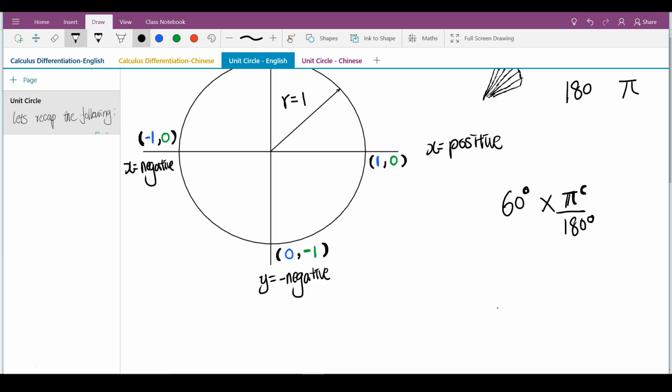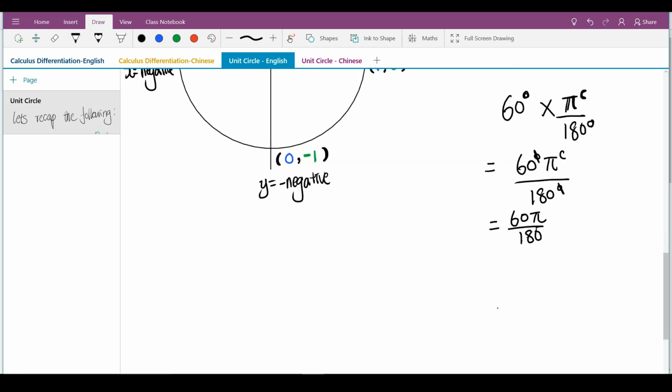So when you multiply 60 degrees times pi over 180, you get 60 pi degrees over 180 degrees. Correct? So the degree unit here actually gets cancelled, leaving you with 60 over 180 pi.